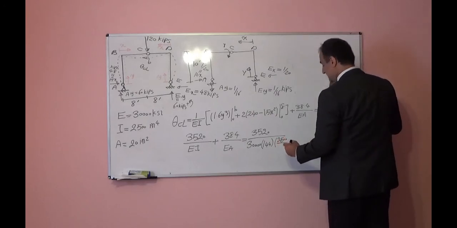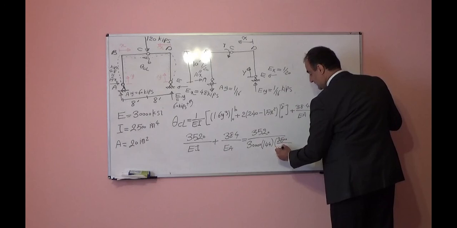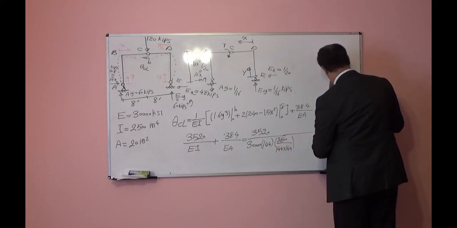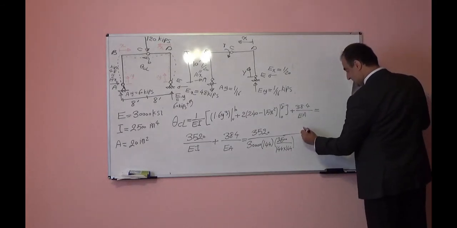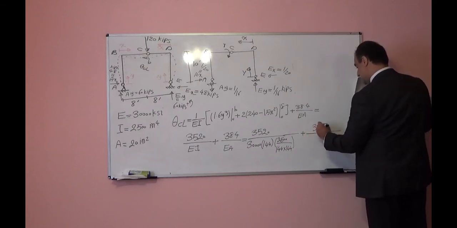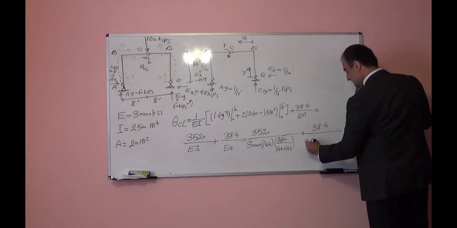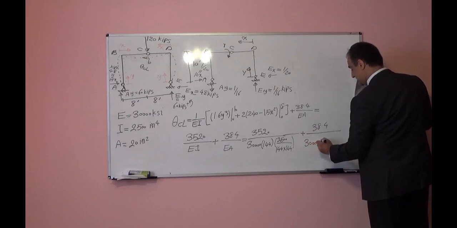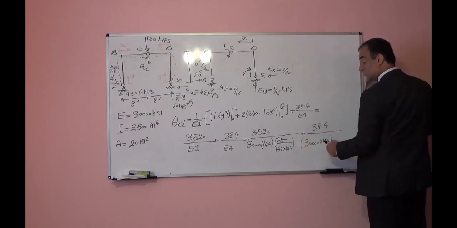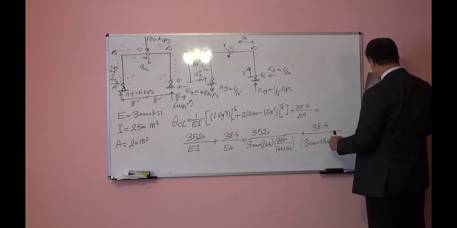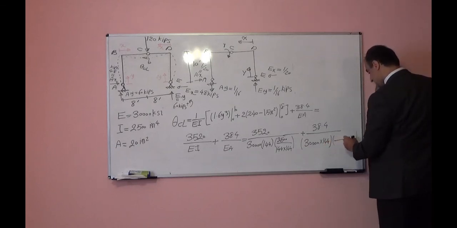If I convert to the feet, 144 times 144, plus 38.4 over 30,000 ksi times 144, because I want to convert to the feet from inch. 12 times 12, A 20 divided by 144 is square.